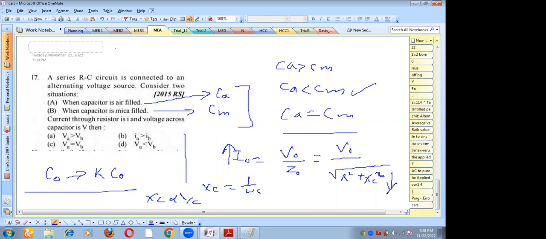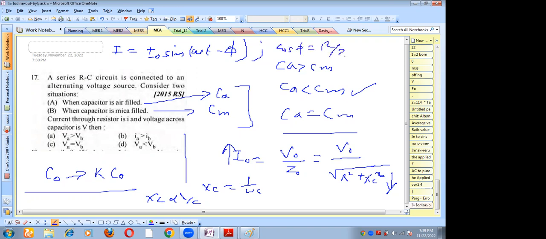And also we know the equation of current is I equal to I naught sine omega t minus phi, and cos phi is equal to R by Z. Here Z decreases, right?